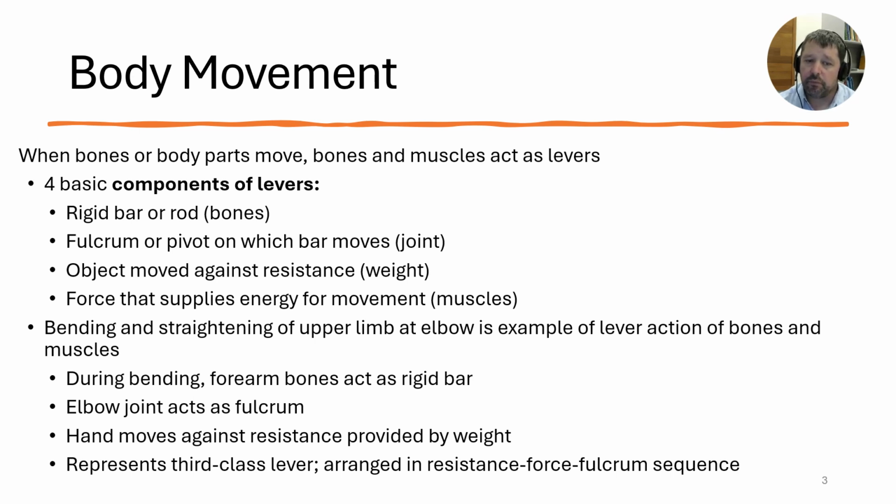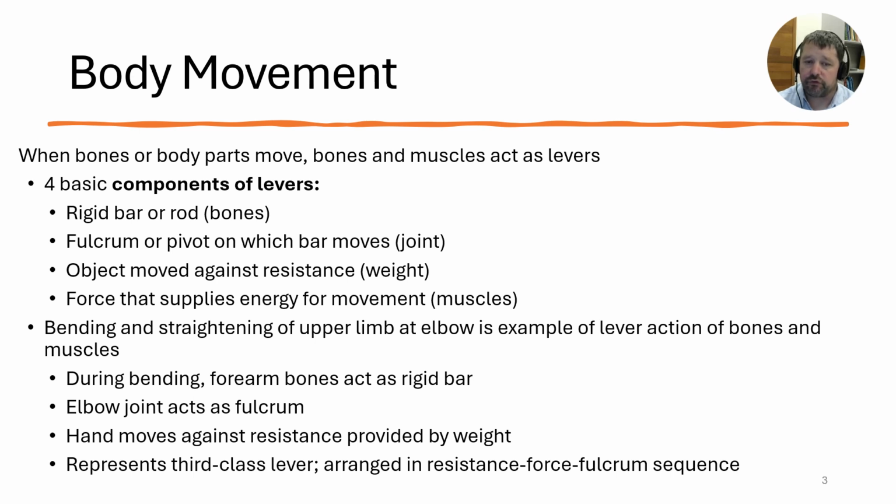The elbow acts as the fulcrum, and then the hand against something is going to provide the resistance, and then of course the muscle that is attached to the forearm is going to provide the force needed to move it, or not move it.